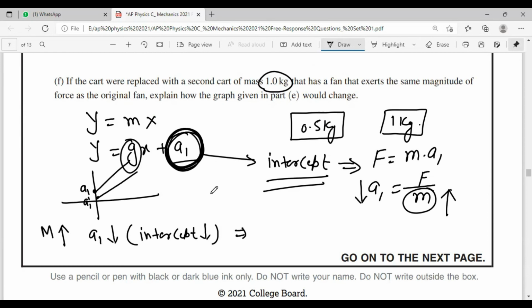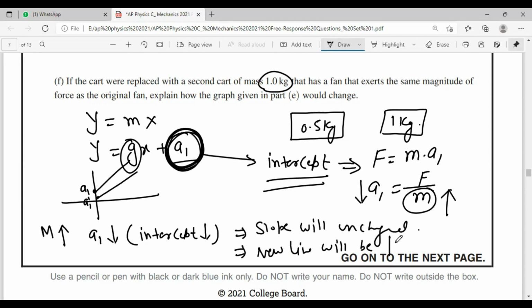Slope is basically g, that's a constant. Slope will be unchanged. So the new line will be parallel to the old one, with decreased intercept.